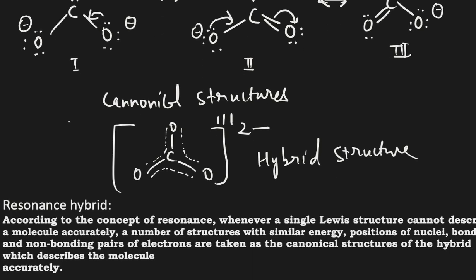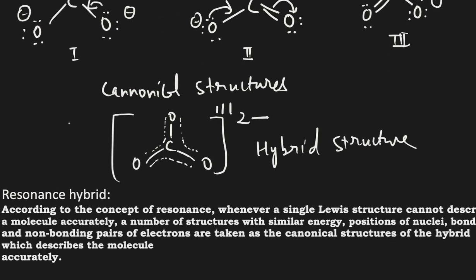So if you go by the exact definition, it says, according to the concept of resonance, whenever a single Lewis structure cannot describe a molecule accurately, a number of structures with similar energy, position of the nuclei, bonding and non-bonding pairs of electrons are taken as the canonical structures of the hybrid, which describes the molecule.